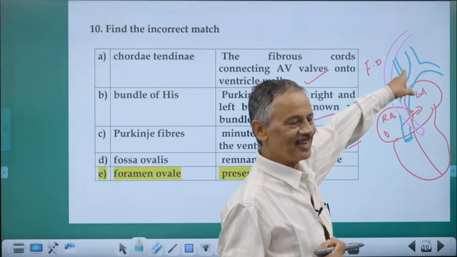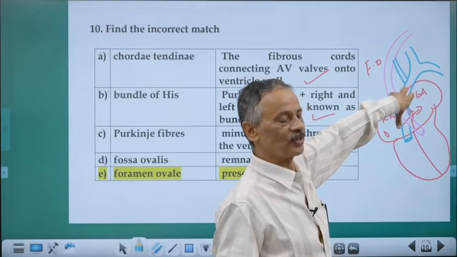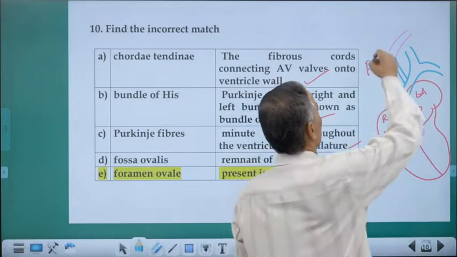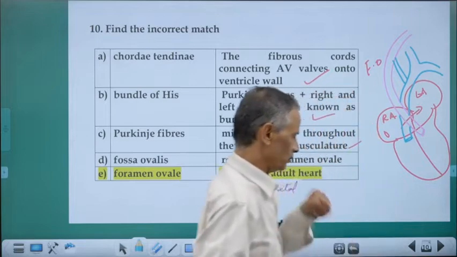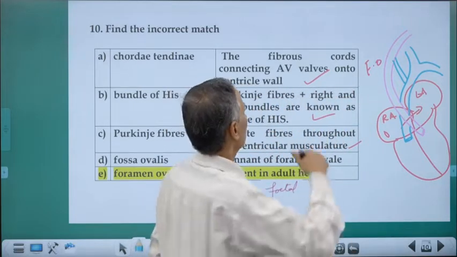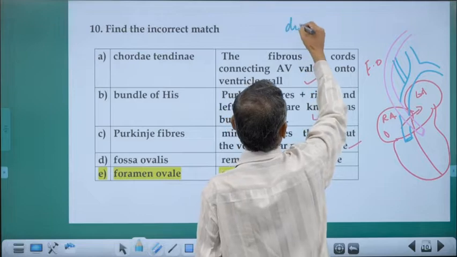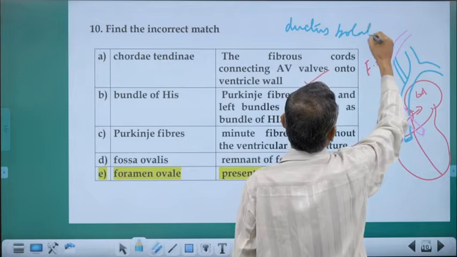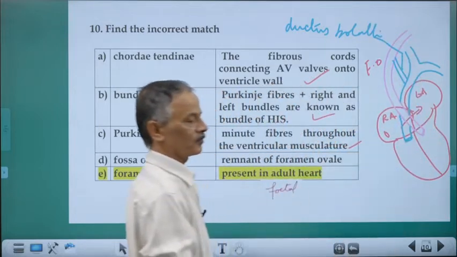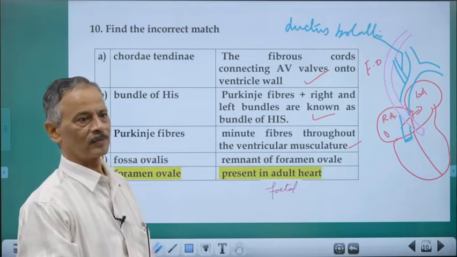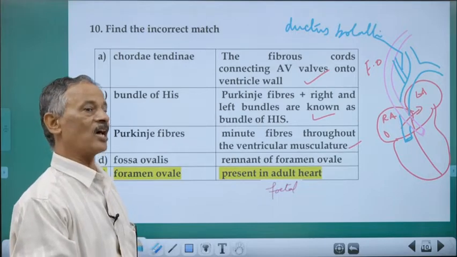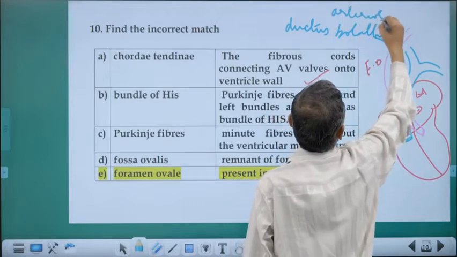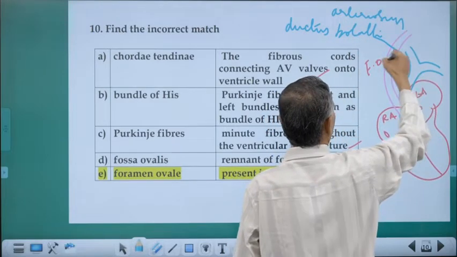See, you have a tremendous change in the circulatory system as we develop from fetus to adult. You have the ductus botalli or ductus arteriosus that connects the pulmonary and the systemic.